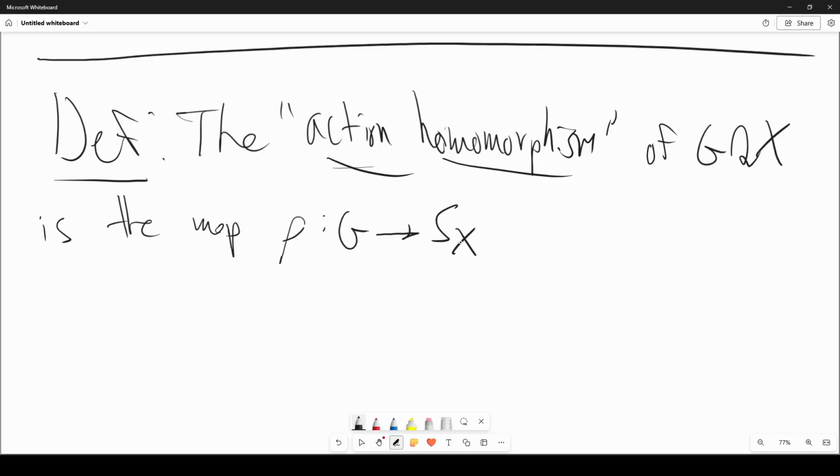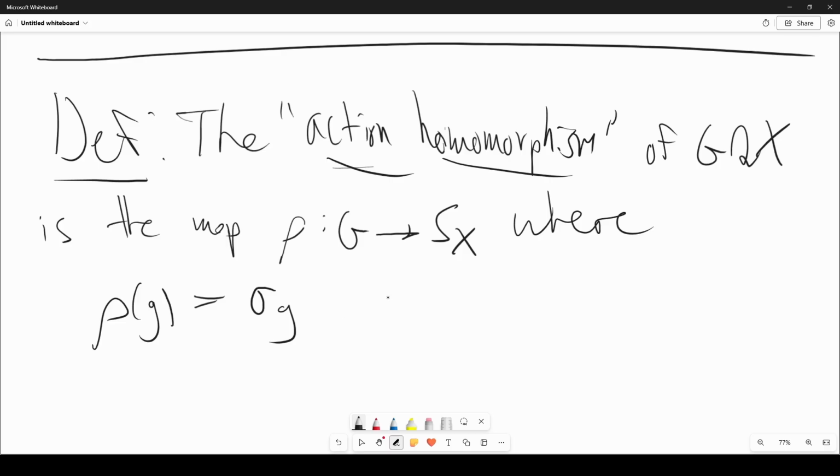So really, S_X can be thought of as the set of all bijective functions from X to X, where we get that rho of g has to equal some element in here, which I'm going to call sigma sub g.